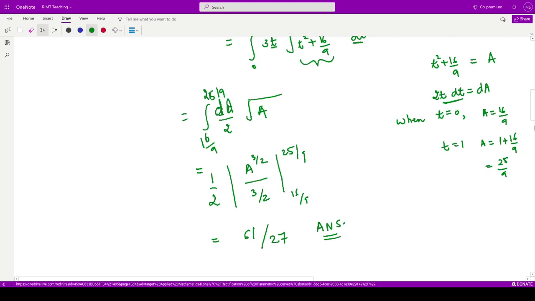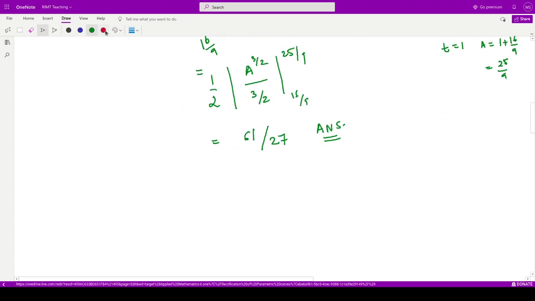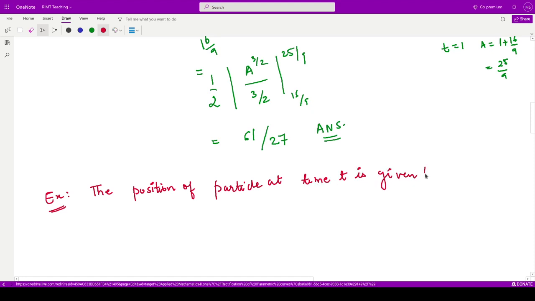So I have one question for you, please note it down. The question is, the position of a particle at time t is given by x is equal to 1 by 3 times (2t plus 3) raised to power 3 by 2, and y is equal to 1 by 2 t square plus t.